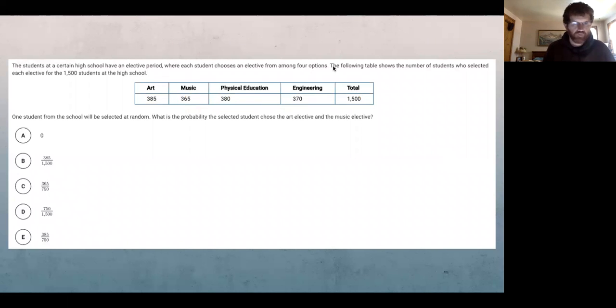So we're going to go through and add it all up. So if I add this up, then we will find that this does add up to 1,500. And so the probability that someone selected art and music is going to be 0, because you can't select both. You have to select one or the other. So your answer here is going to be A.